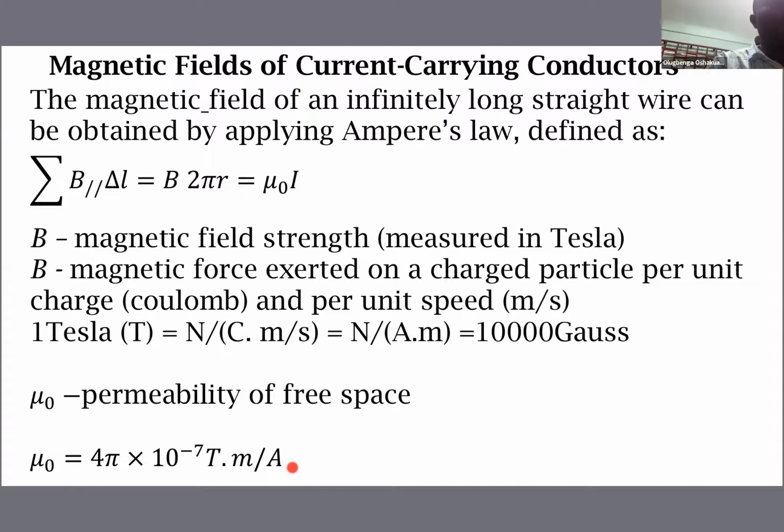So this is the expression that we'll be using, that I suggest you put somewhere in your memory: B 2 pi r equals mu naught I. That is what I have enclosed.